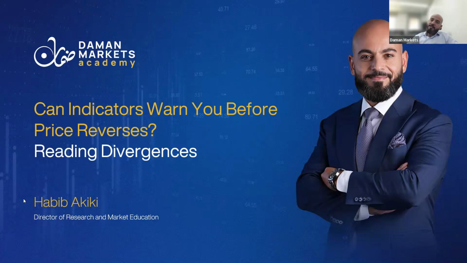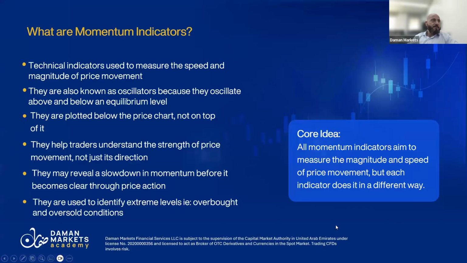Now, to understand this better, let us start by discussing what momentum indicators are. Momentum indicators are technical indicators that are used to measure the speed and magnitude of the price movement. We are not gauging the direction, but rather we are looking into how fast prices are moving.